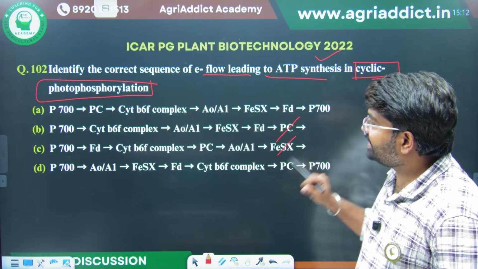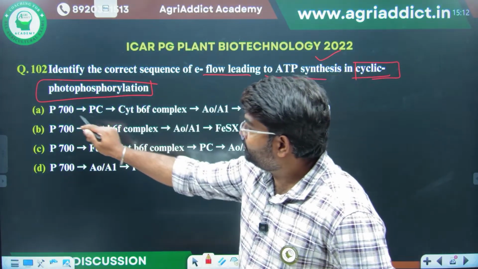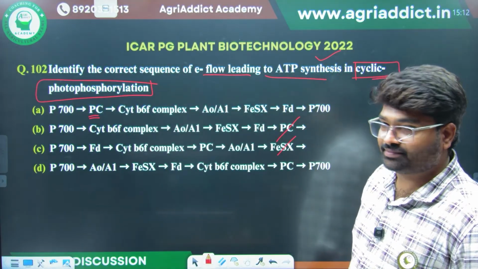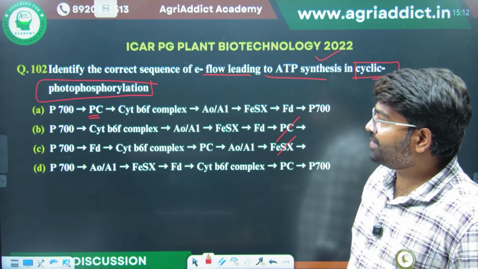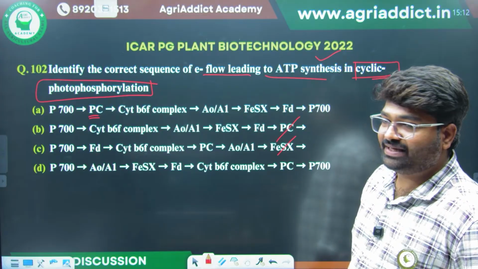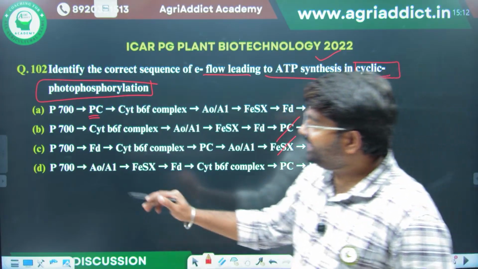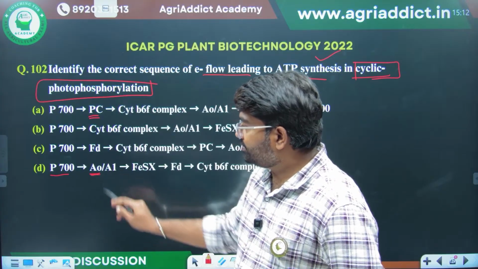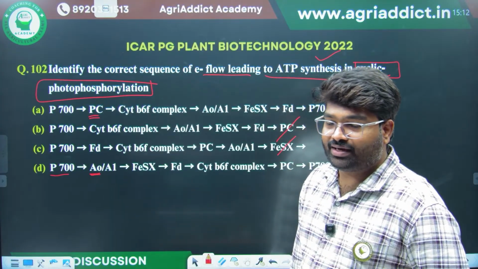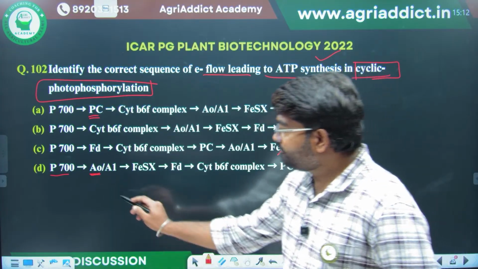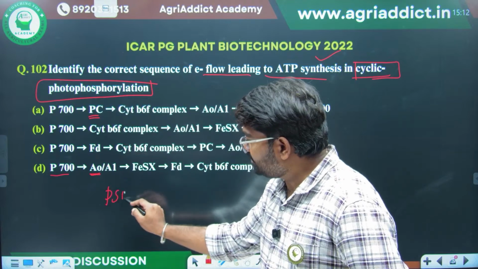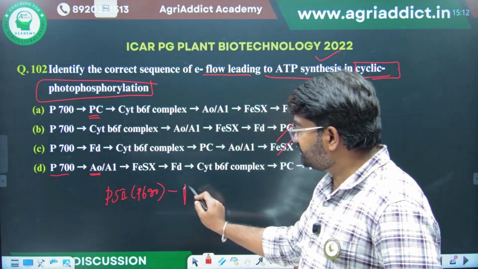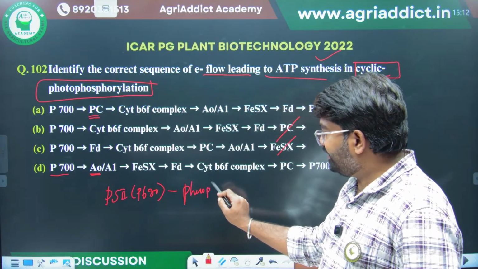Second thing, you see, plastocyanin. It's not a primary electron acceptor from P700, because from P700, I told in yesterday's class itself, phylloquinone or A0 or A1 is the primary acceptor. If PS2, that is P680, the primary electron is accepted by pheophytin.